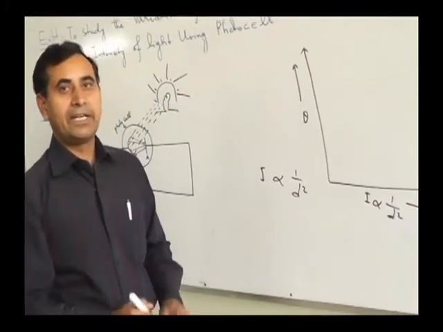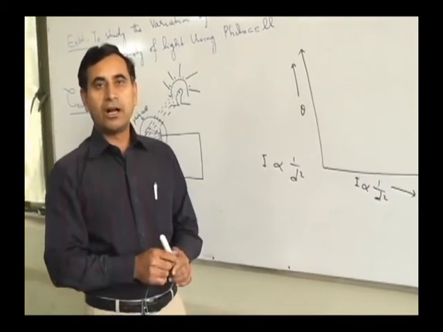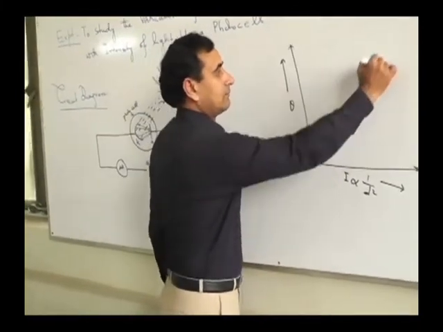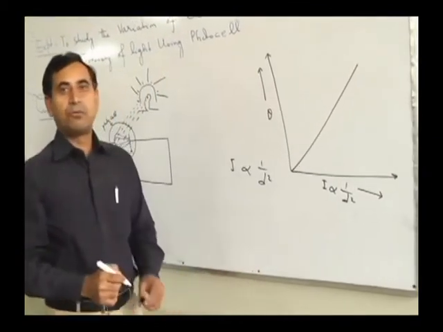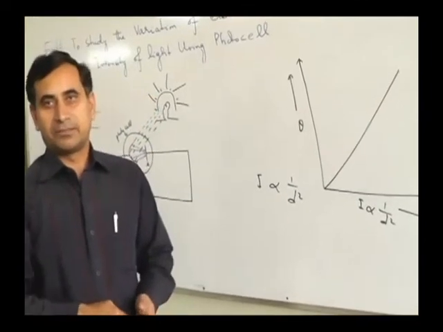Since current and light intensity are directly proportional to each other, the graph here will be a straight line like that. This would be the graph between light intensity and electric current.